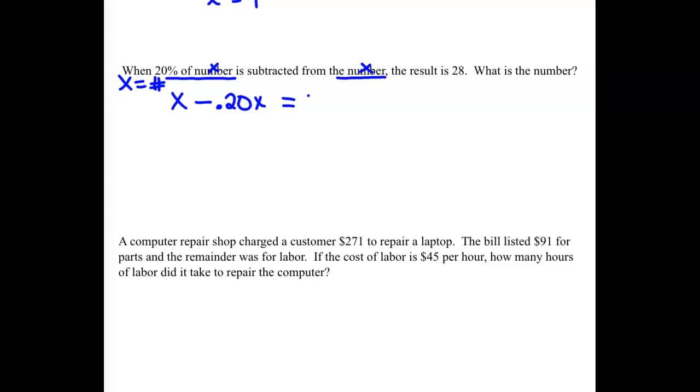And our result then is 28. Now be careful here. We have a whole x. We're taking away 2/10 of an x. That leaves us 8/10 of an x, being 28. When we divide that out, we end up with x equaling 35.